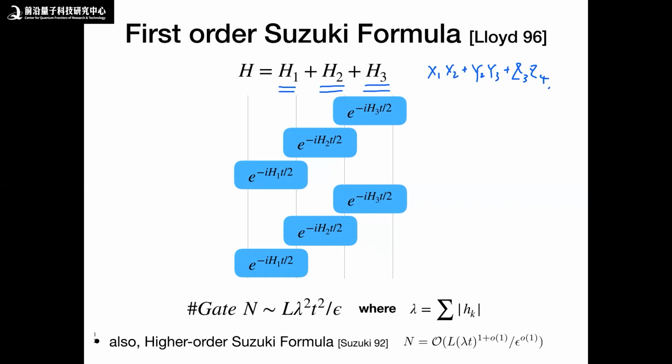If you believe in Taylor approximation, this is going to match the exponential in the leading order, up to some order t squared. That t squared indeed is the actual error. I want to do the calculation carefully. So now you get a gate count that scales about the square of time.